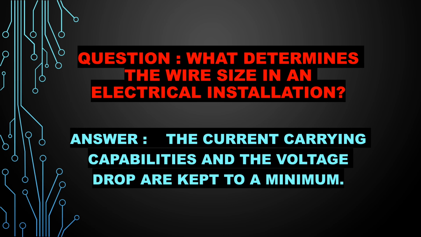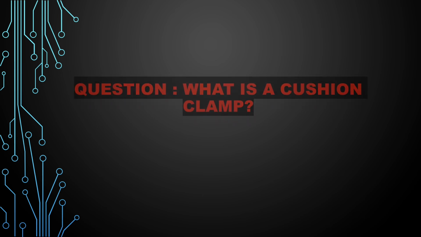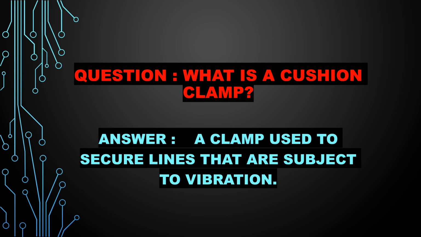Answer: the current carrying capabilities, and the voltage drop is kept to a minimum. Question: what is a cushion clamp? Answer: a clamp used to secure lines that are subject to vibration.